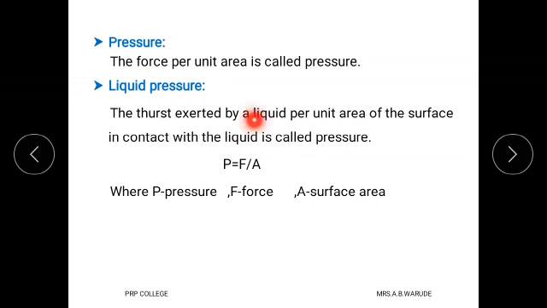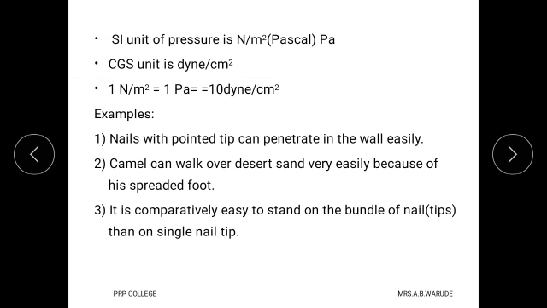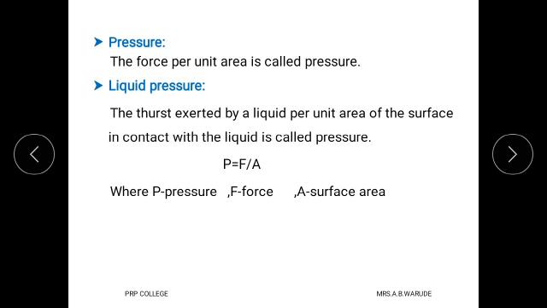Then from the definition we write the formula P equals F upon A, where P means pressure, F means applied force and A means surface area. Here we have to write the SI unit of pressure and CGS unit of pressure. In the numerator the quantity is F, the applied force, and in the denominator the quantity is area.